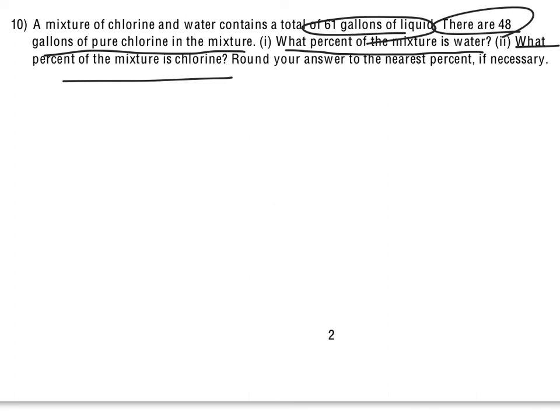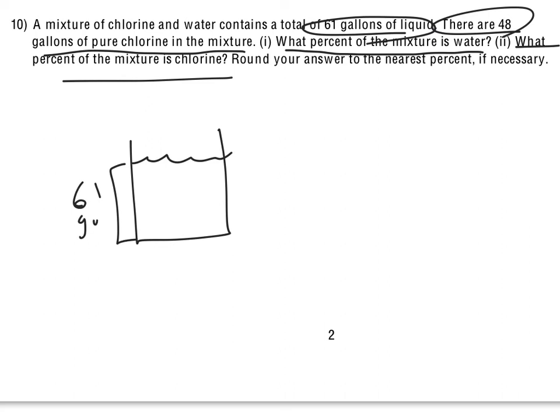Okay, so 61 gallons total. Of the 61 gallons, 48 gallons of it are chlorine. And so we can figure out, of course they asked for the water first.